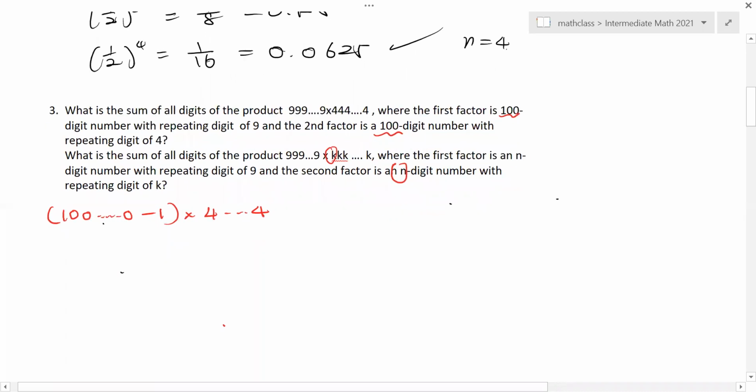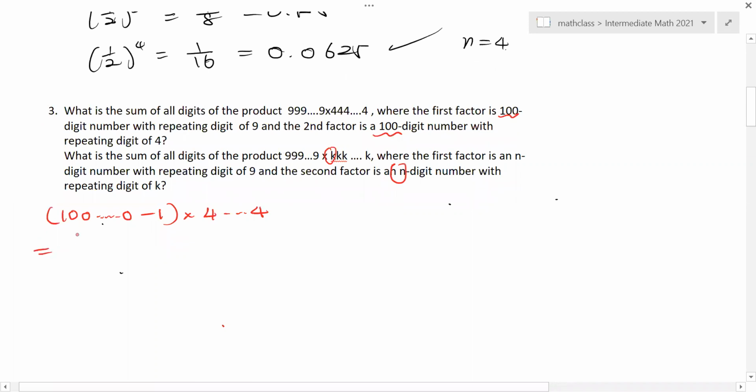So when you multiply this out, then there will be 4, 4, 4, 4, 0, 0, 0. How many zeros here? You have 100 zeros. Here's 100, and then minus 4, 4, 4, 4. It also has 104 digits here.